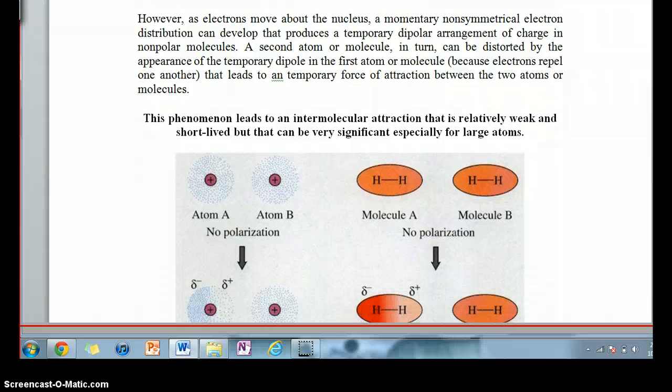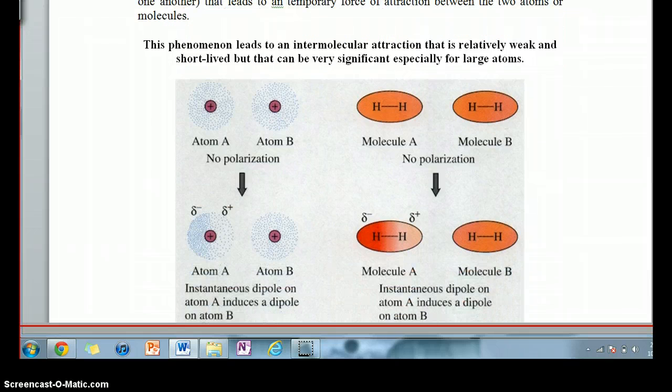So we can think about something like a hydrogen molecule. If you have multiple hydrogen molecules that are near one another, obviously they have equal electronegativity, so there's no inherent dipole within the molecule. However, by virtue of having electrons, electrons move around randomly.